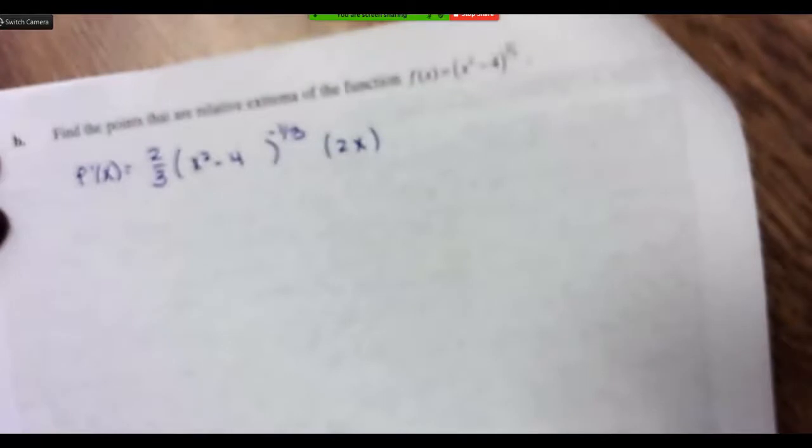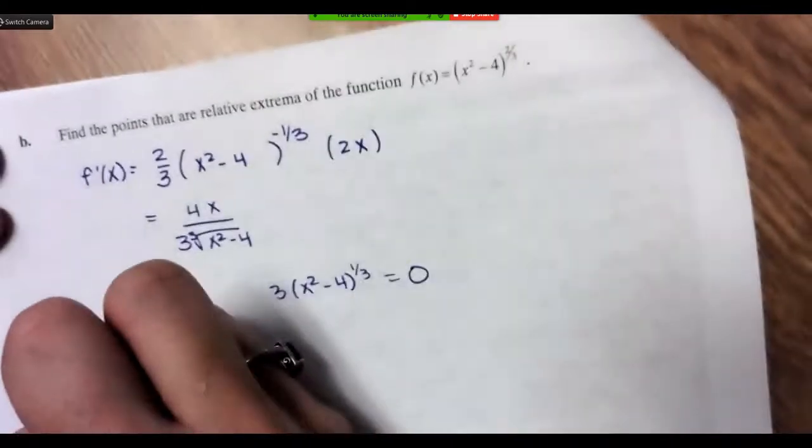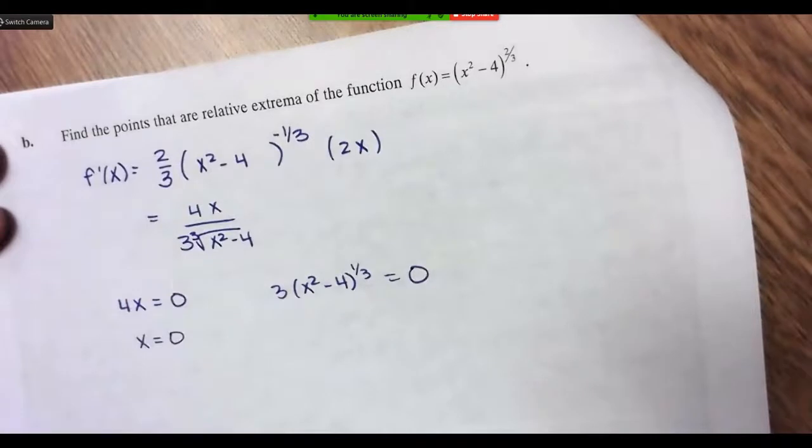So my derivative becomes 4x over 3 times the cube root of x squared minus 4. So my critical points are when 4x equals 0, and when 3 times the cube root of x squared minus 4 equals 0. So that means I have a critical point at x equals 0.